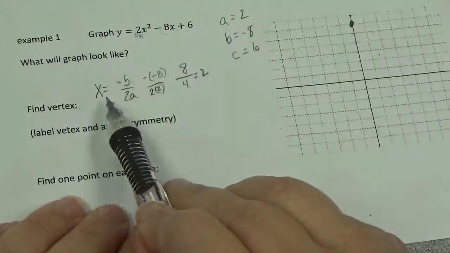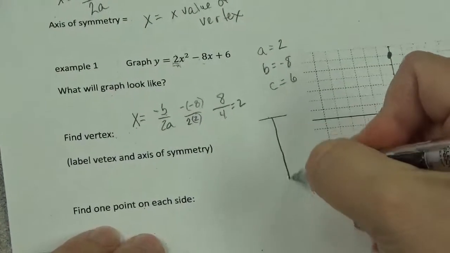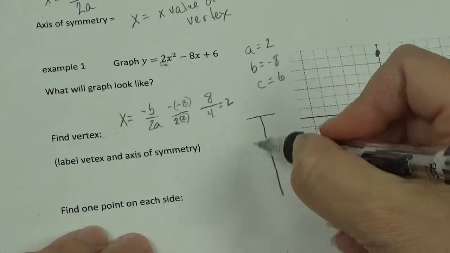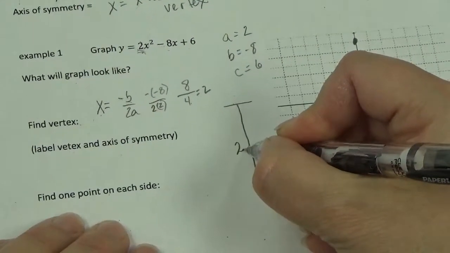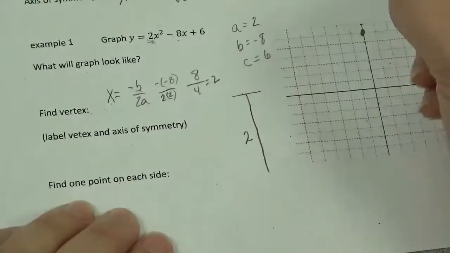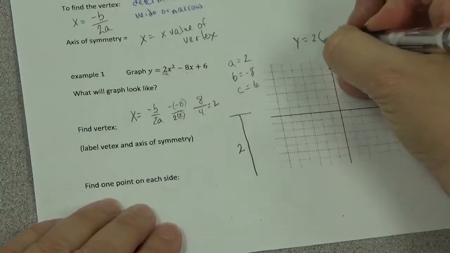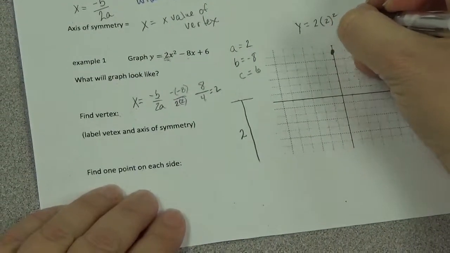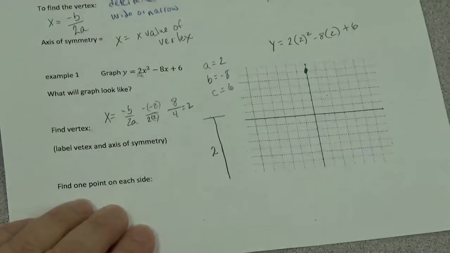Now notice I said the x value of the vertex. So this means that the very lowest point, or the very highest point, is going to have the x value of 2. So I have to go back and find the y value. I'm going to go back to this equation, and instead of x, I'm going to put a 2 where the x is, so that I can find y at that point.